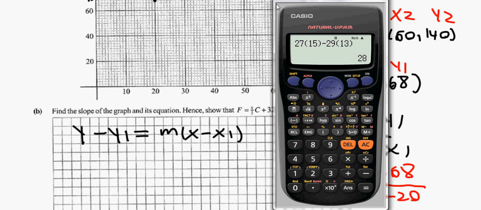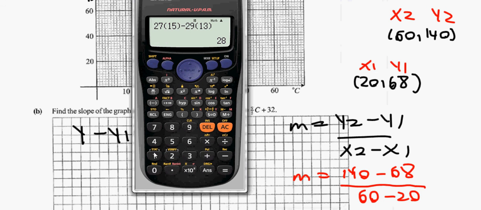What we get here is 140 minus 68 divided by 60 minus 20, and we get 9 over 5. So the slope is 9 over 5.